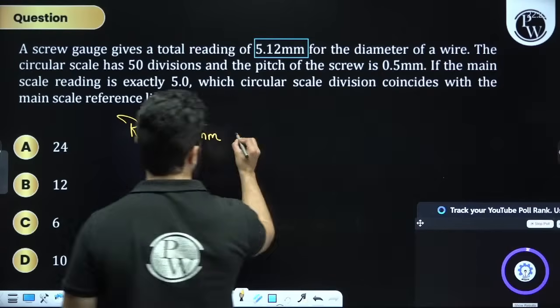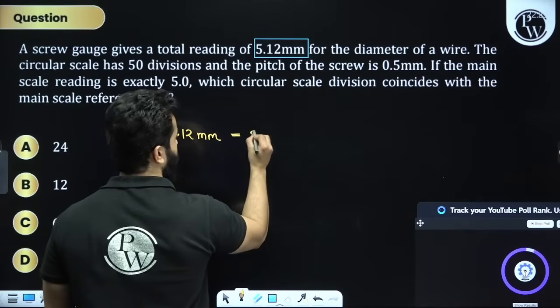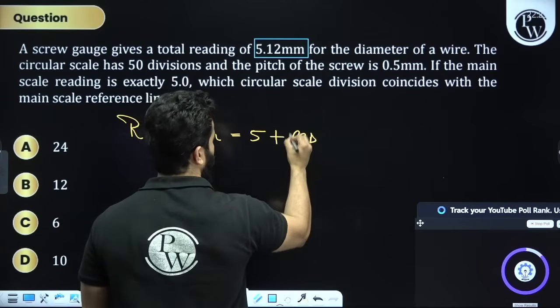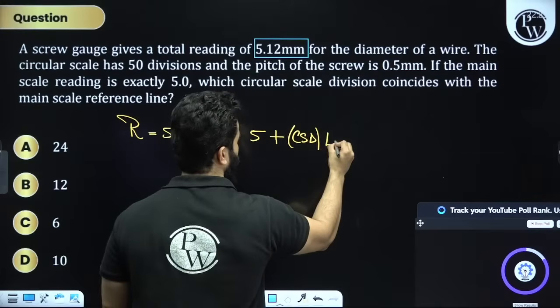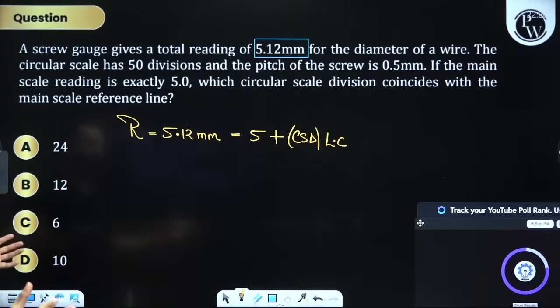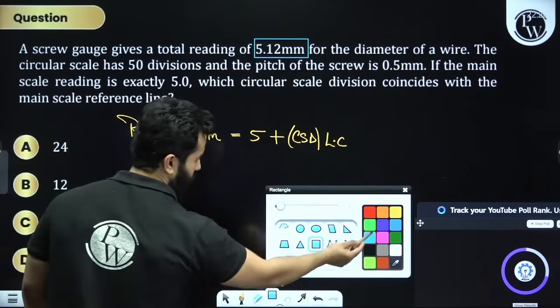This will be equal to main scale reading, that is 5, plus circular scale division multiplied by least count, and they are saying there is no error, so that's it.